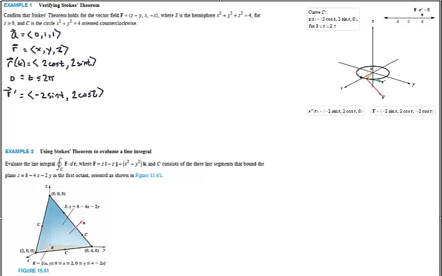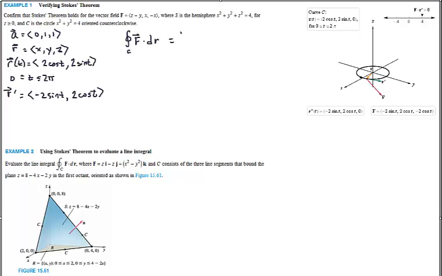Now we're set up to find our circulation integral. The circulation integral looks like our field vector integrated with respect to r.